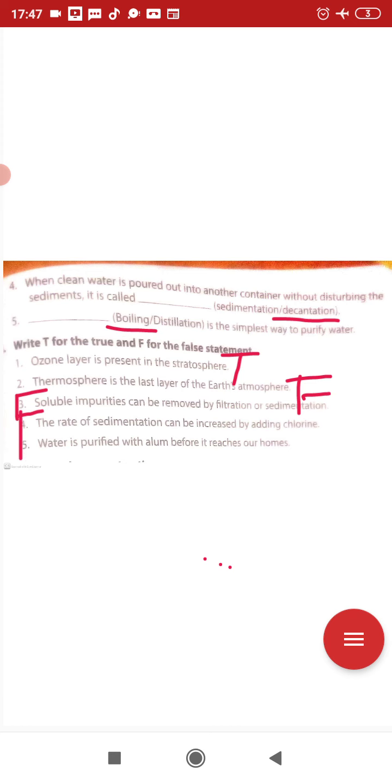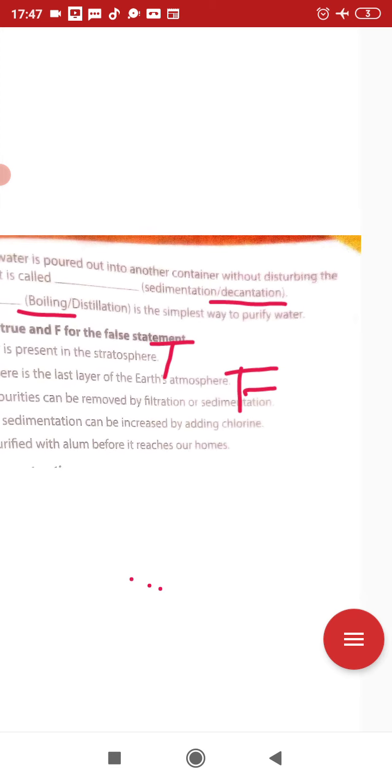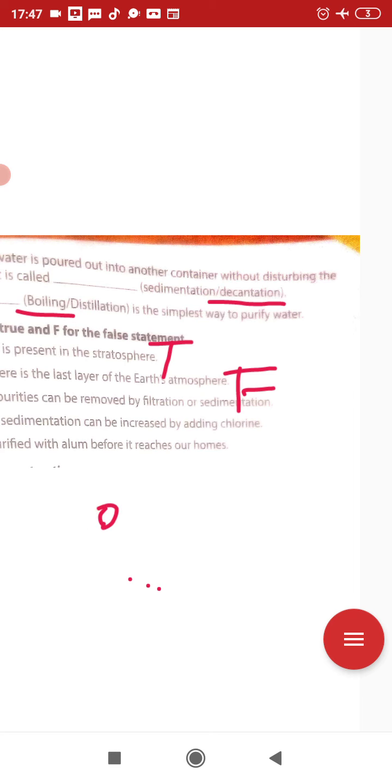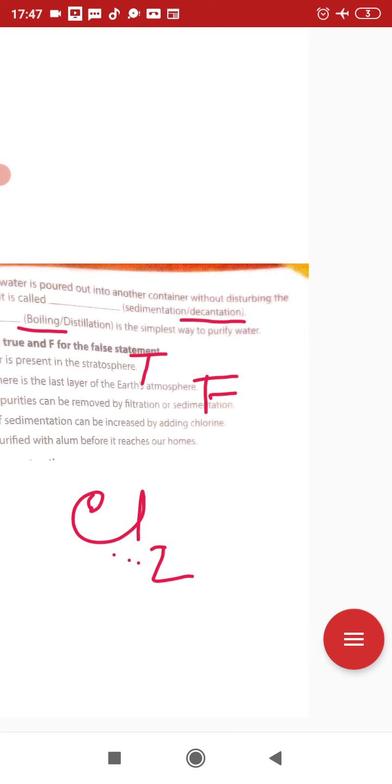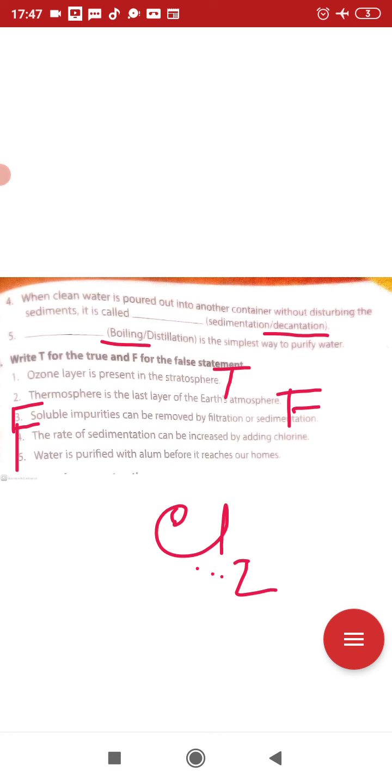Now 4. The rate of sedimentation can be increased by adding chlorine. By adding alum, not chlorine. Chlorine is a kind of gas. The chemical formula of chlorine is Cl2, chlorine gas. No, by adding alum.